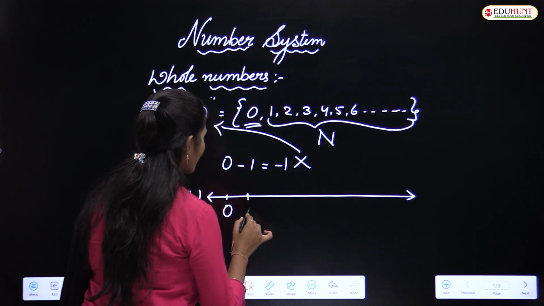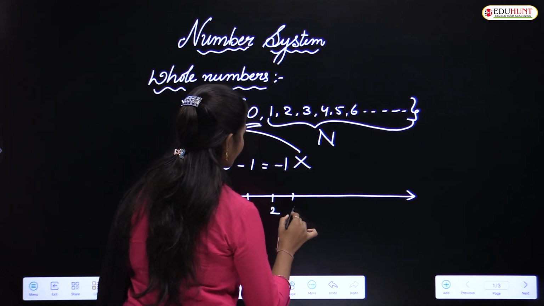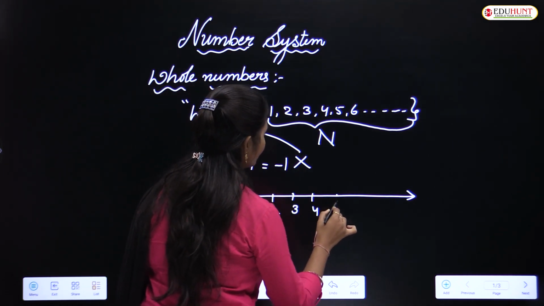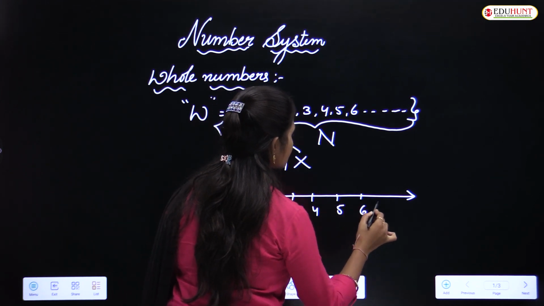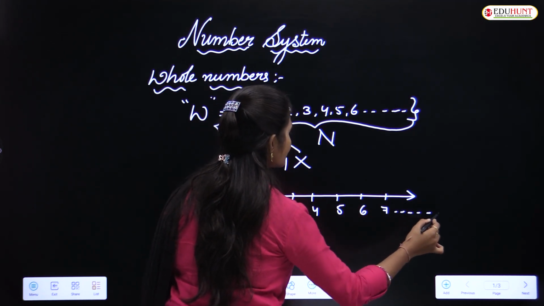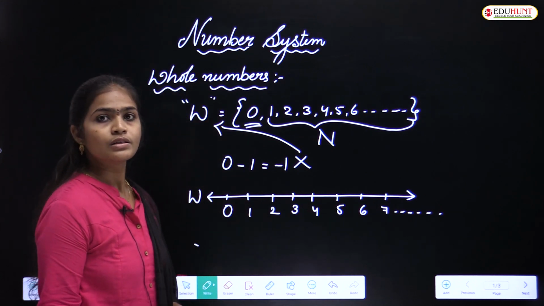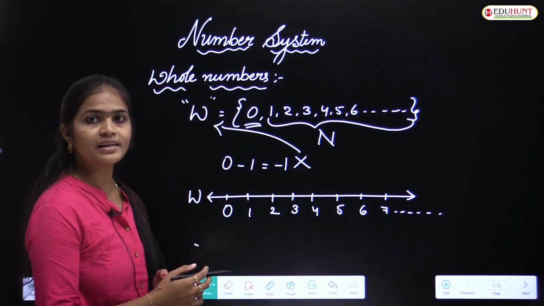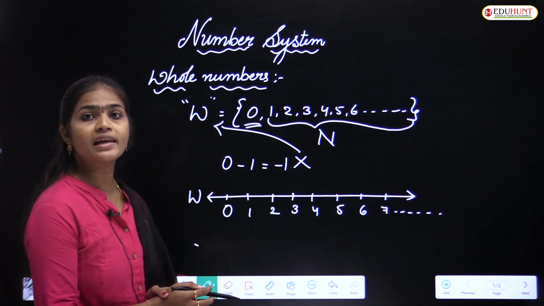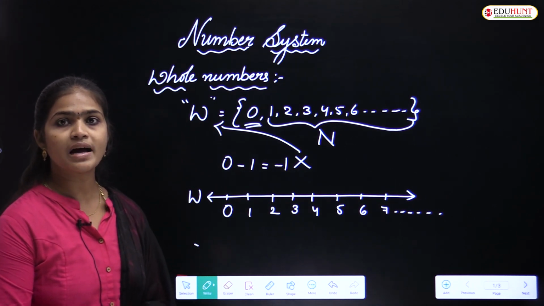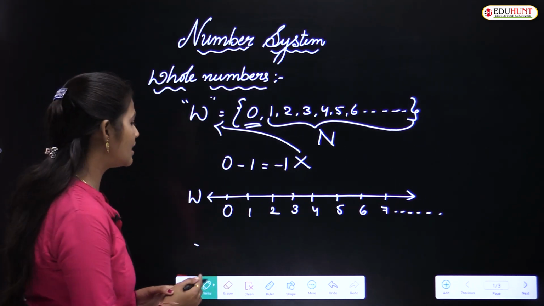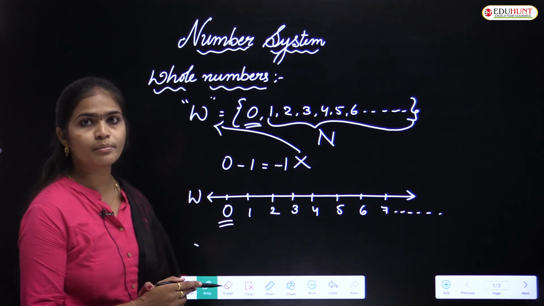So 0, 1, 2, 3, 4, 5, 6, 7 and so on. Observe the number line: the smallest whole number is 0.